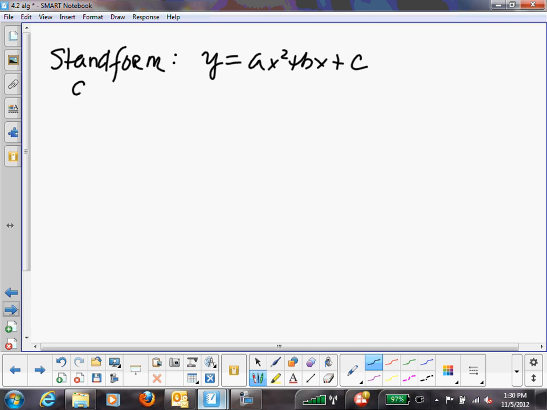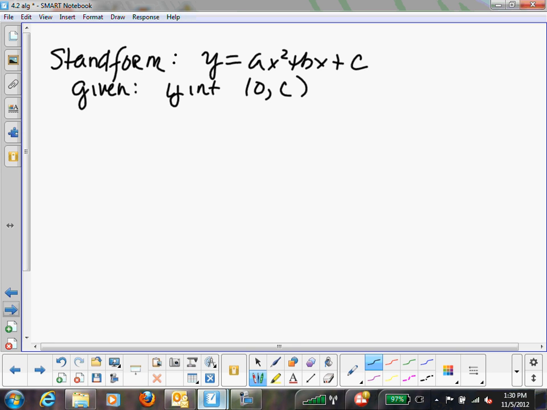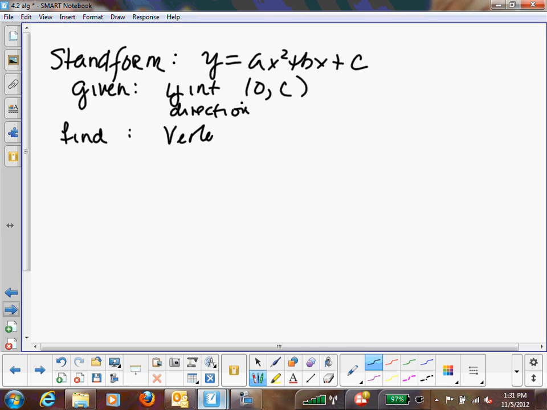Okay. What is given? The y-intercept, which is when x is 0, so it's 0, c, correct? And what else is given? The direction. You're always going to get the direction. What do we need to find? And how do we find the vertex?